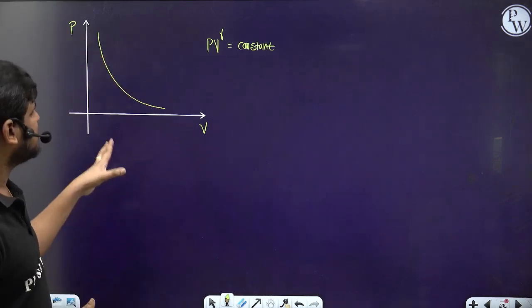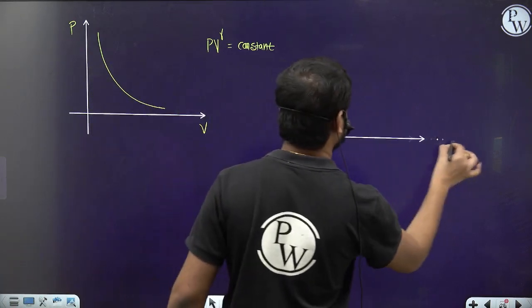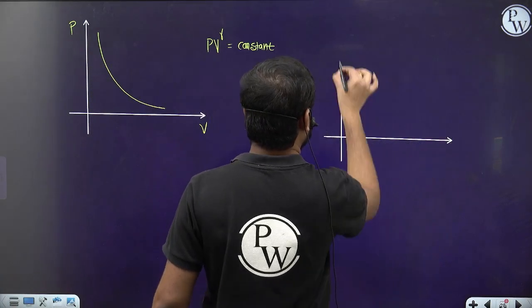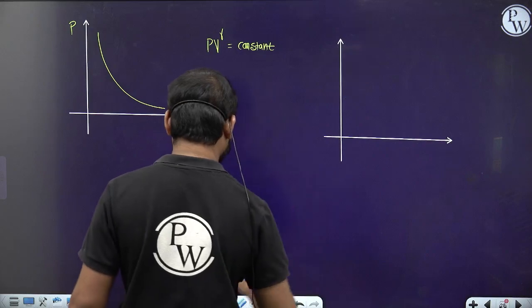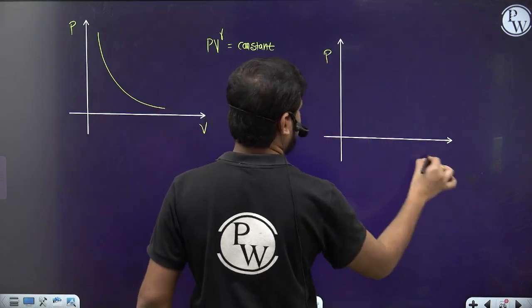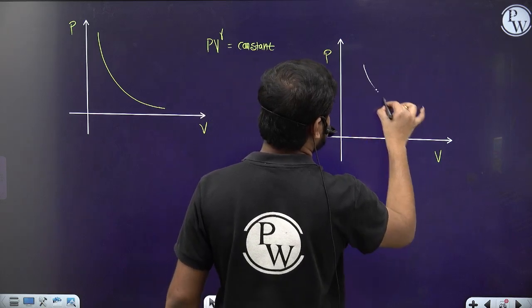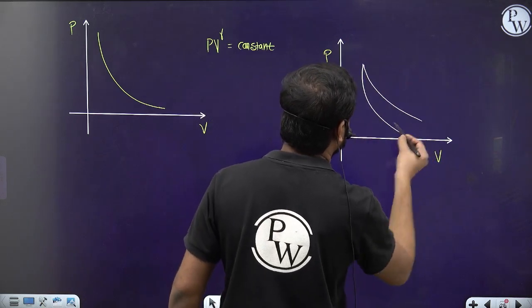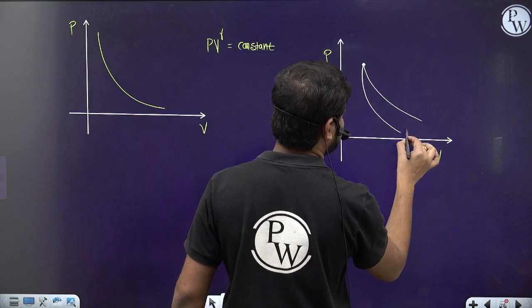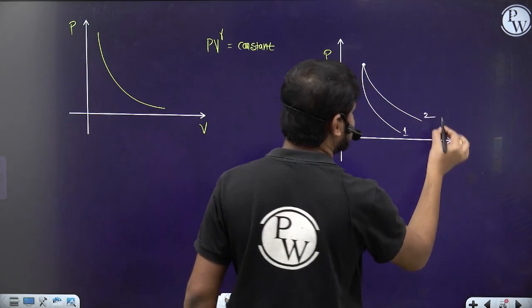So if I take two curves here, the P versus V, suppose this is the first one and this is the second one.